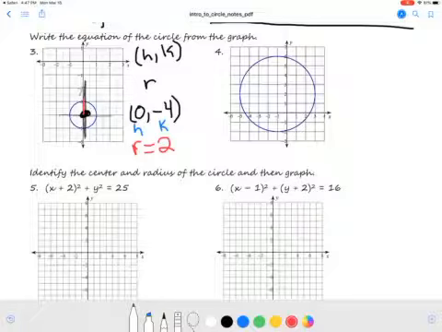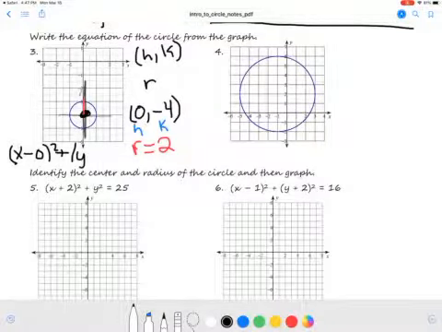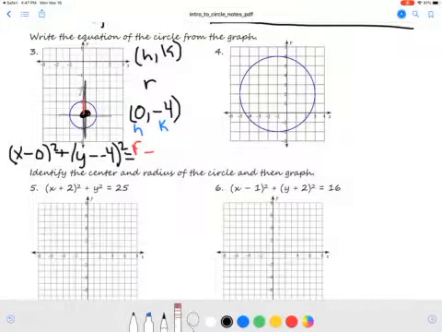Once you have h, k, and r, it is very, very simple to plug it back in. So we have on the left x minus, my h is 0, squared, plus y minus k, which is negative 4, squared, equals, I'm going to erase that other r and move it up here so we don't forget it.